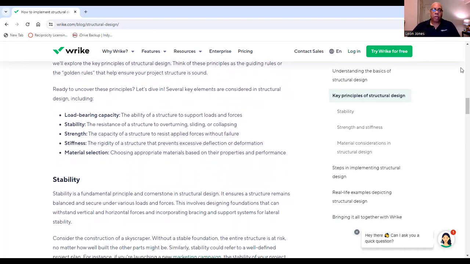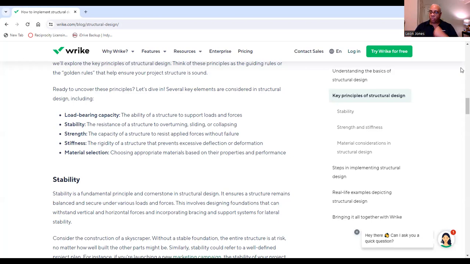I'm going to deal with load bearing capacity. That is the ability of a structure to support loads and forces. Then we have stability. Stability is the resistance of a structure to overturning, sliding, or collapsing. Then we deal with strength. Let me repeat that so there are no misunderstandings.